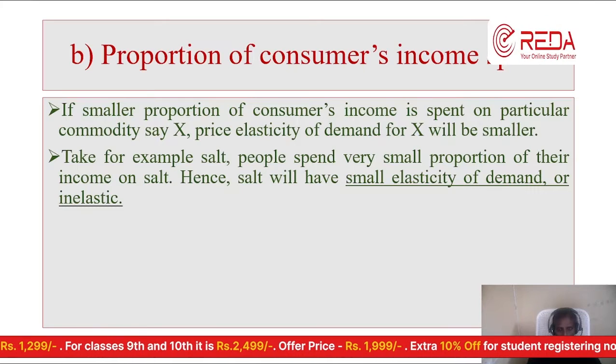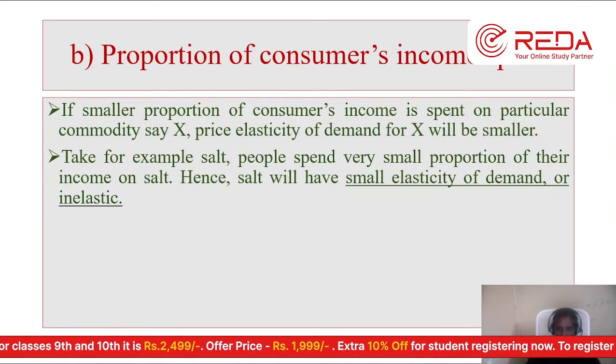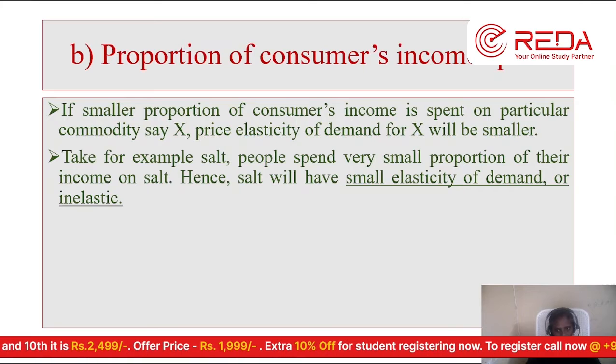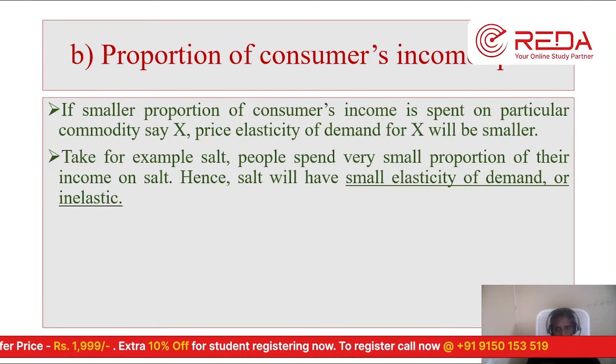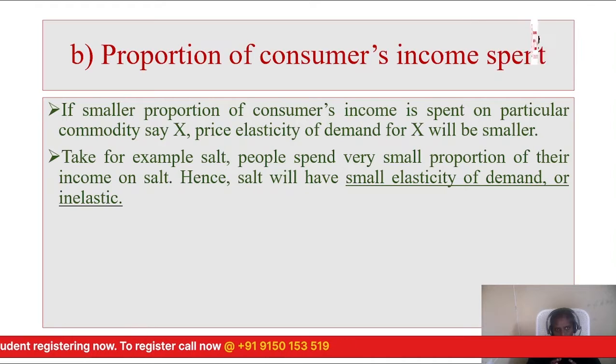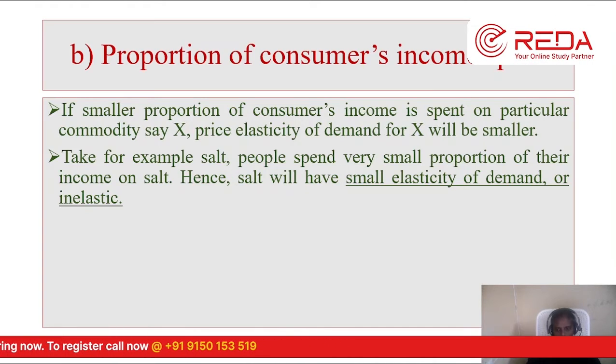A smaller expenditure on a particular commodity like salt leads to smaller changes in the elasticity of demand. So this proportion of consumer's income spent also leads to the elasticity.